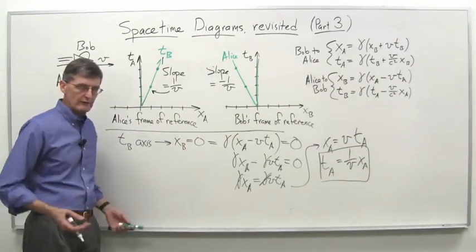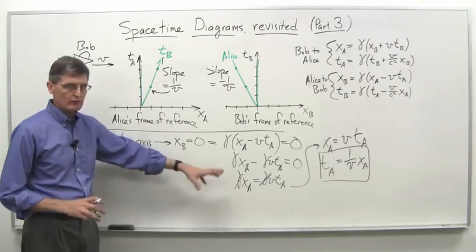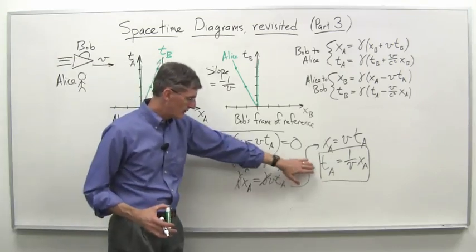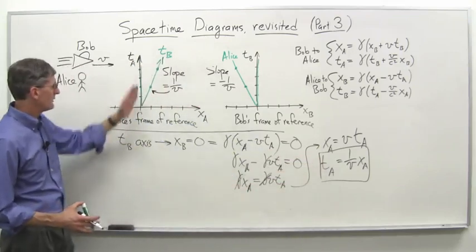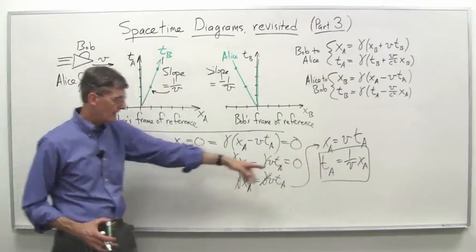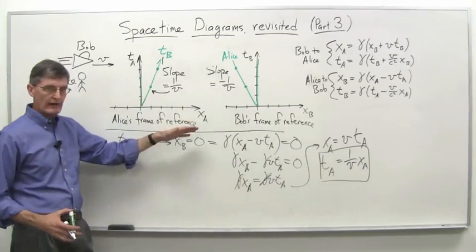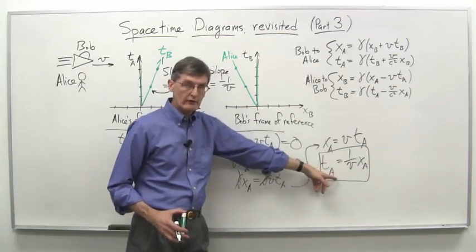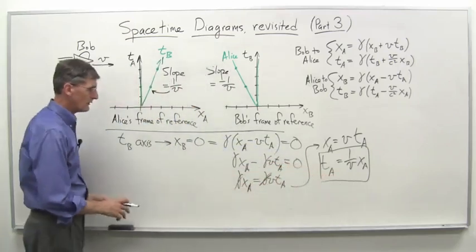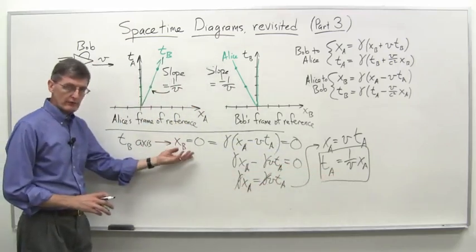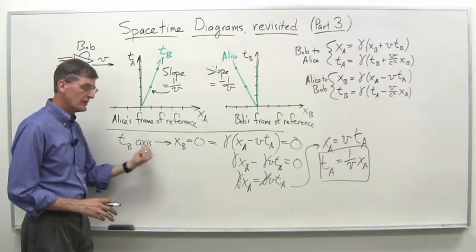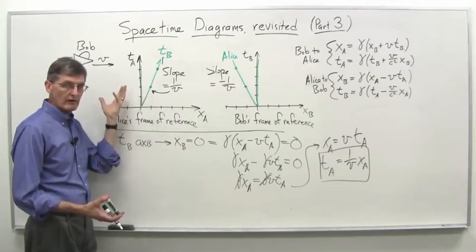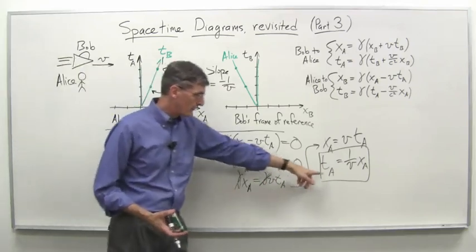Way back when we did a little math review on that. We're not going to push this too hard here. But quantitatively, for those who are familiar with this, essentially the T value here is my vertical axis. The X values are the horizontal axis. And the 1 over V here is the slope of any line that I've drawn here. So this is telling me that when XB equals 0 for Bob, which is his TB axis, the equivalent line on Alice's frame of reference is of this form.